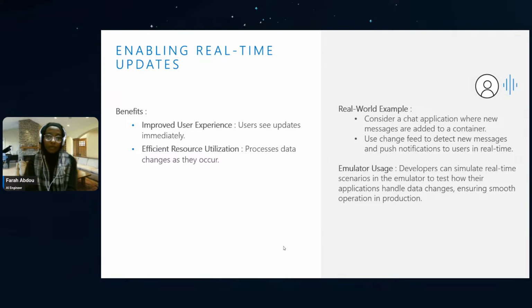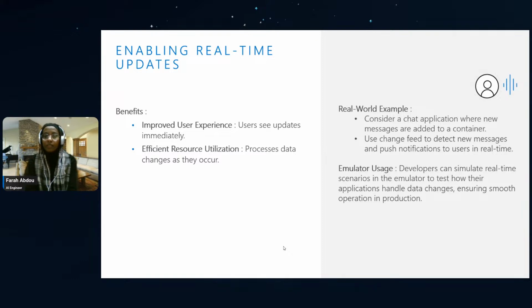Some real-world examples are chatbots or chat applications that we are familiar with nowadays. New messages are added to a container, for example, and we can use the change feed to detect the new messages and push notifications to the users in real time if something happens. All of this can happen in a real-time environment.